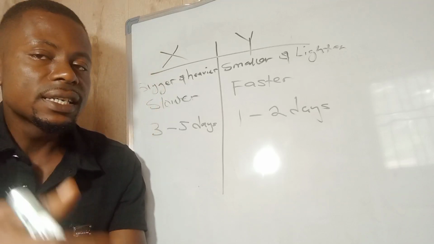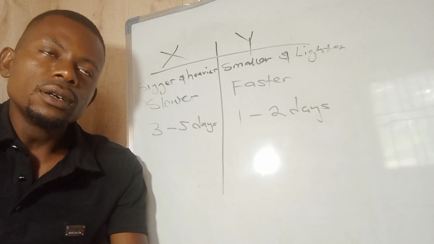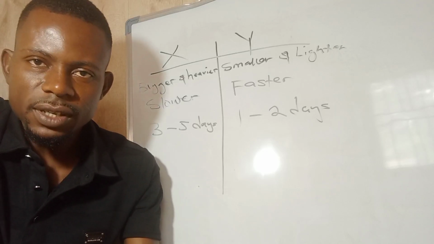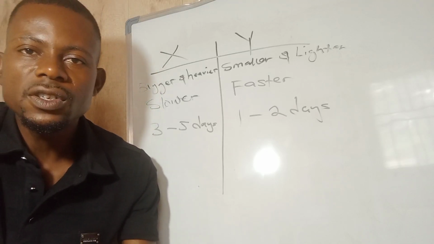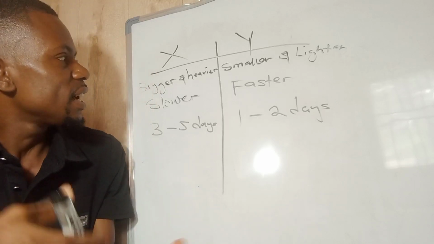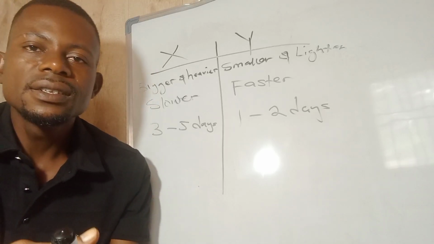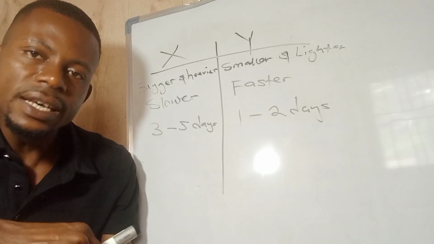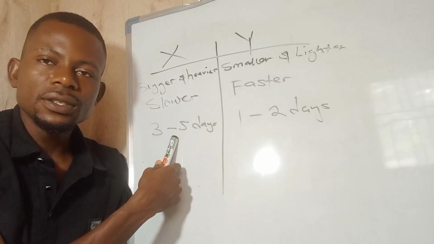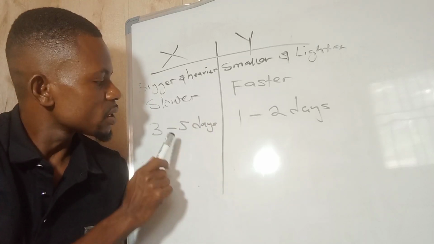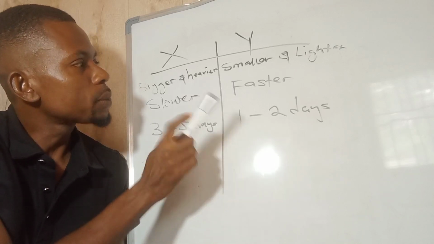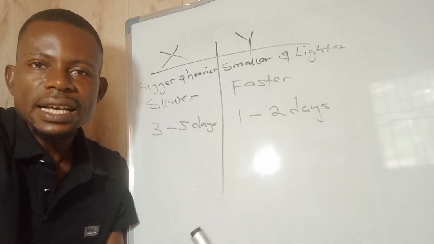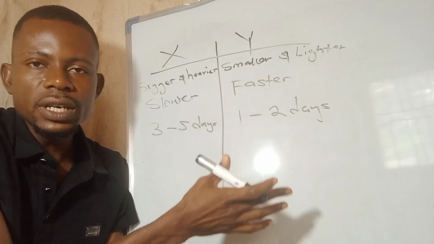Now, when this happens, the man will release millions of sperm cells into you, both types, the ones that carry the X chromosome and the ones that carry the Y chromosome. But after 3 to 5 days, the only sperm cells that will be surviving will be the sperm cells carrying the X chromosome, because the sperm cells carrying the Y chromosome only last for 1 to 2 days in the fallopian tube.